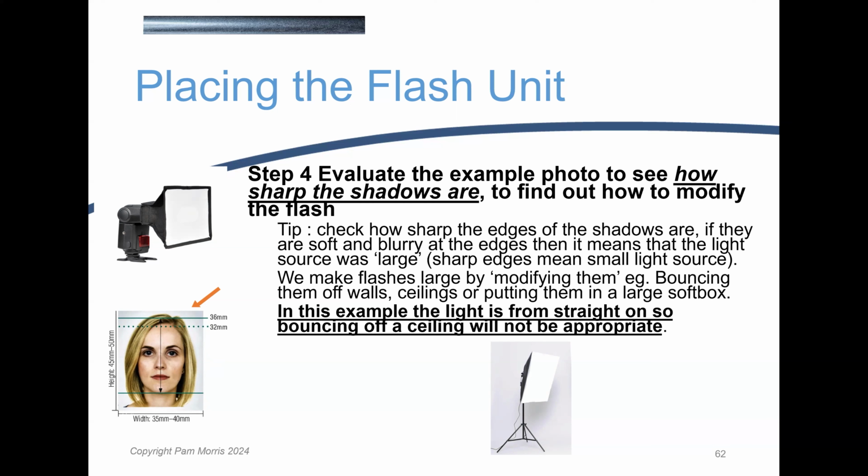And small light sources, like the sun is small compared to where it lands, will produce very sharp shadows. We haven't got sharp shadows here, we've got soft shadows, and soft shadows indicate that we need a softbox on the flash. We can either choose, if we're going to use it on camera, a small softbox like what you have up there, or if we're going to use the flash off camera, we can have a larger softbox.